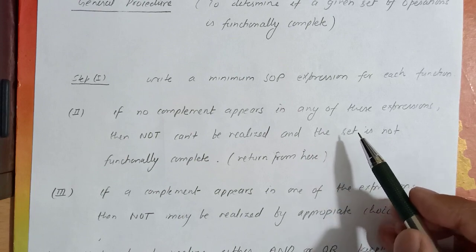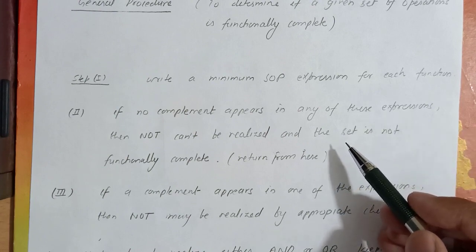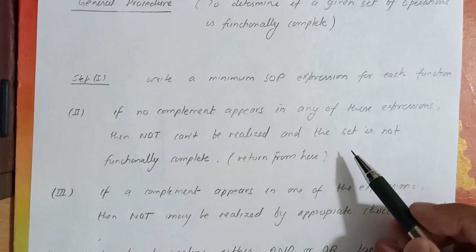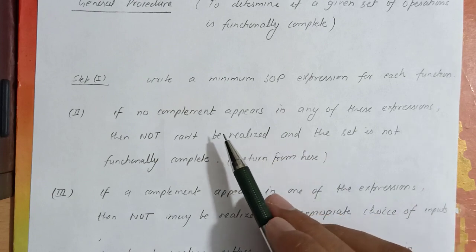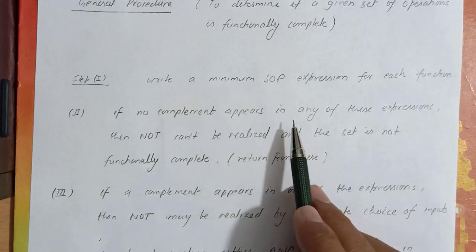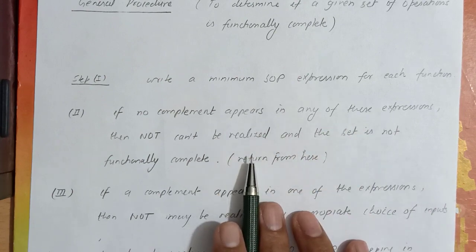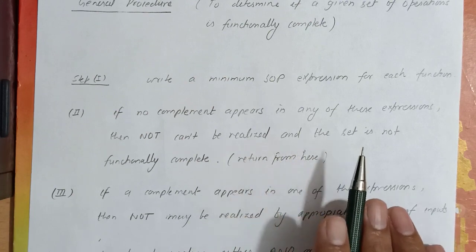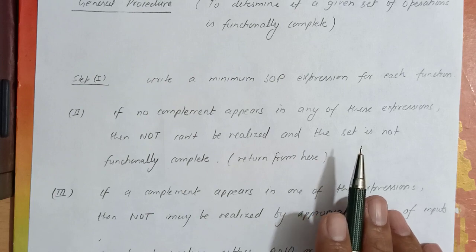Generally, we will try to equate all the variables, and then try to realize the NOT operation. If a complement appears nowhere in the expression, then it is not possible to realize the NOT operation. Do remember, we can return from here by stating that this operation is functionally incomplete.